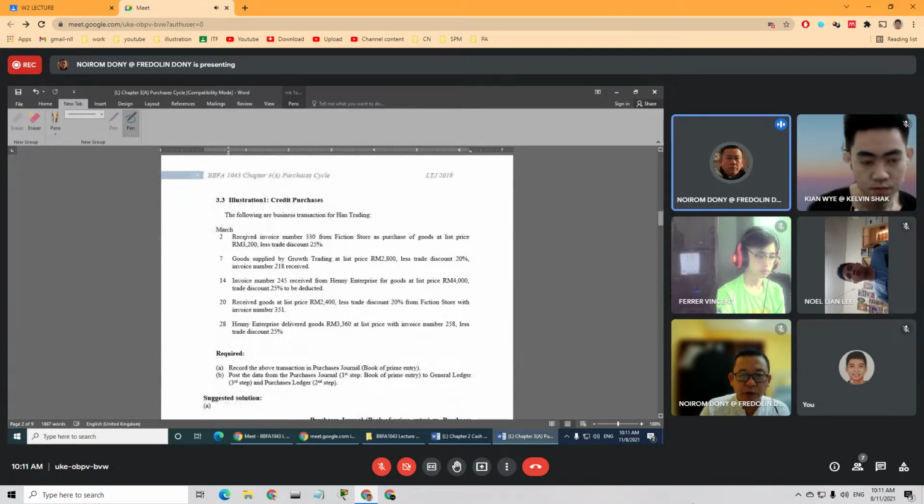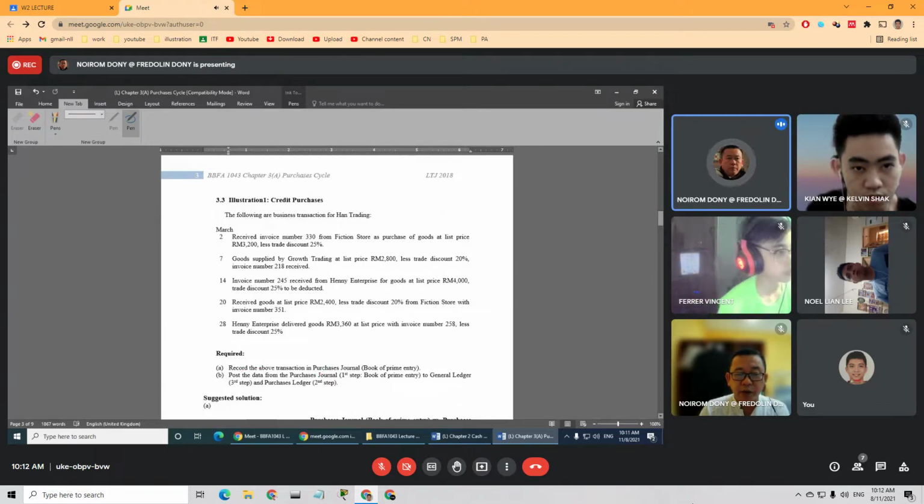So let's see the illustration. I wanted to read this. Record the above transaction in purchases journal. So this is the question. This one is very easy because the question specifically tells you which book of prime entry. But in the real exam, they don't tell you what the prime entry is.